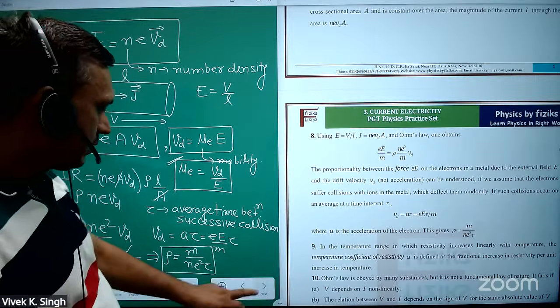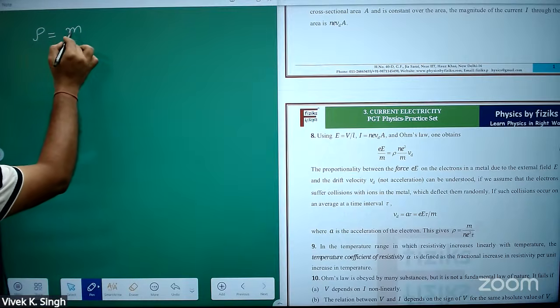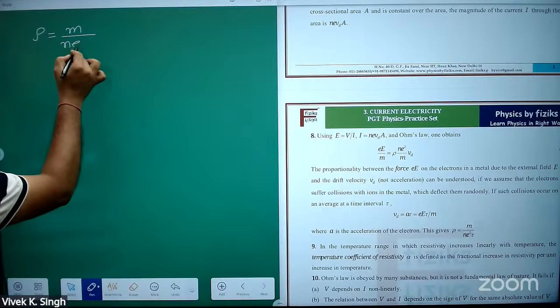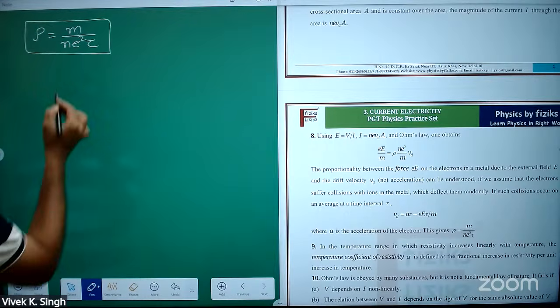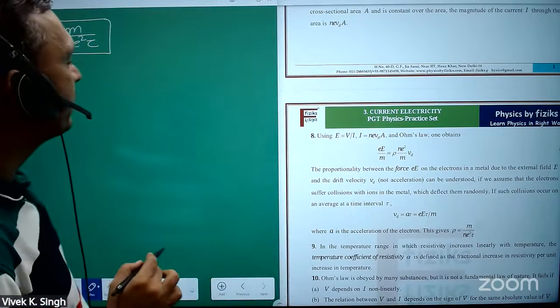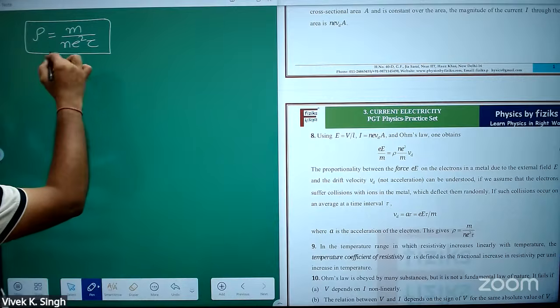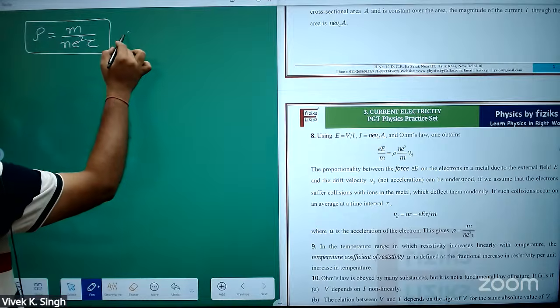Resistivity rho of the material is m by ne square tau. Here m is the mass of the electron, n is the electron carrier concentration per unit volume, e is the electronic charge, and tau is the average time between successive collisions.